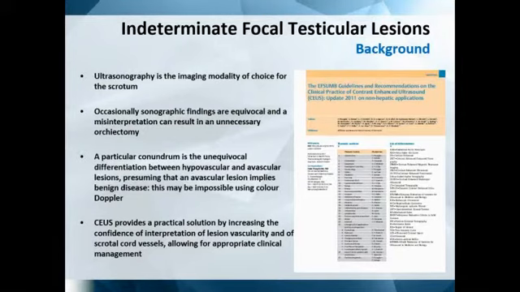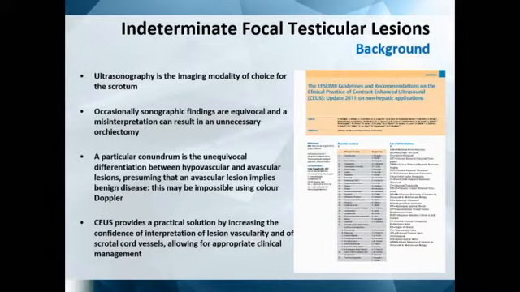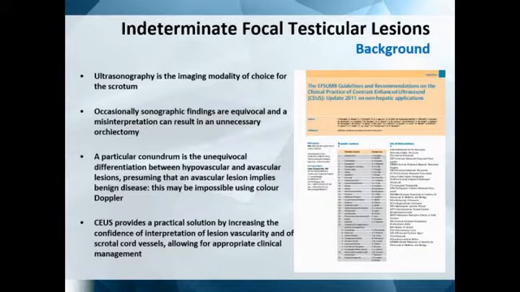And the key point is the hypovascular, avascular, and vascular lesions, bearing in mind that the vascular lesion is likely to be malignant. Contrast-enhanced ultrasound is truly intravascular, so if that lesion in the testes has vascularity into it, there are vessels in there. So you can pick out the truly avascular lesion, implying benign disease, quite easily.